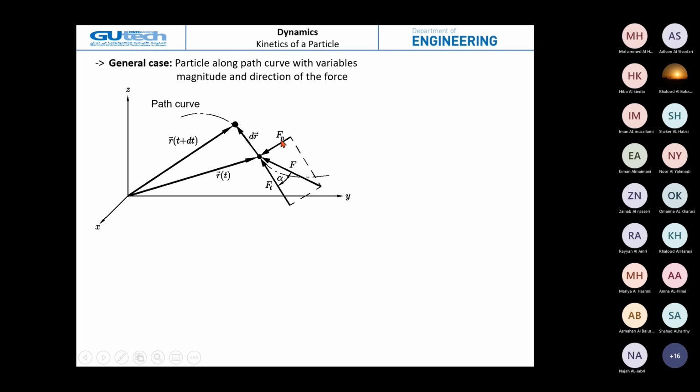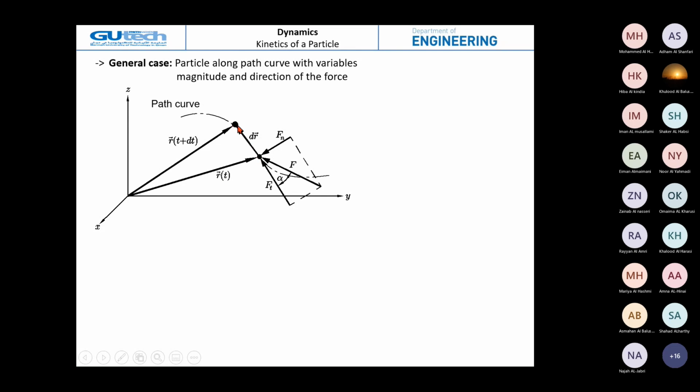If we take the normal and tangential components of this force vector F, making an angle alpha with the tangential direction, we take the coordinate system x, y, and z. Then there is the position vector r, which depends on time.